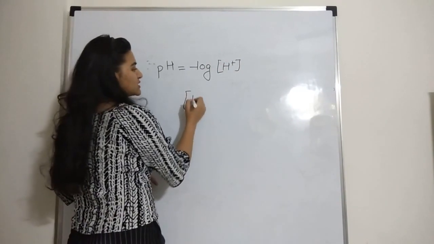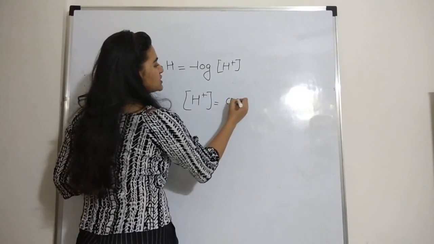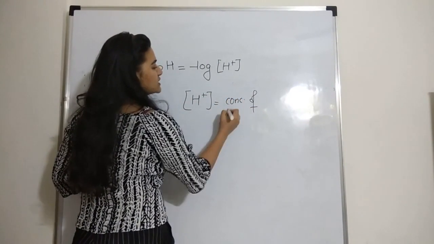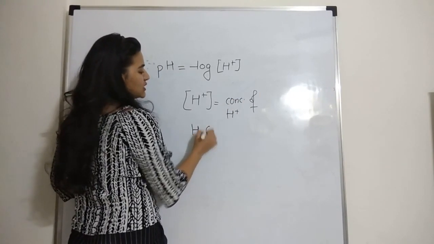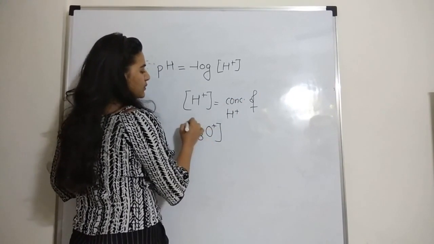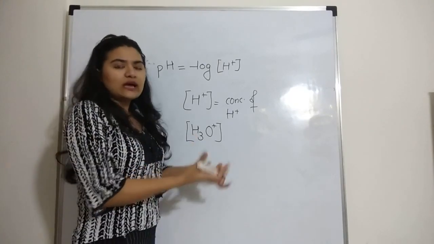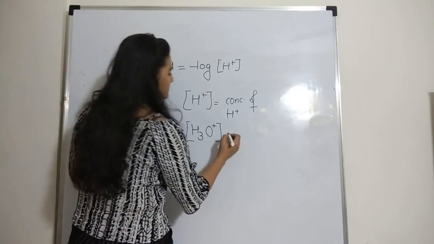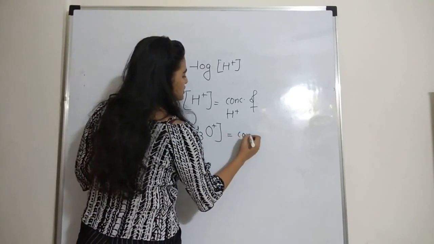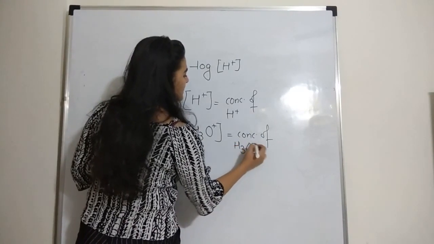Now when I write a square bracket H plus, it means concentration of hydrogen ions, or you can also write it as H3O plus when you have added an acid with water. So it's an aqueous solution. So of course there will be H3O plus, which is hydronium. Concentration of H3O plus ions.